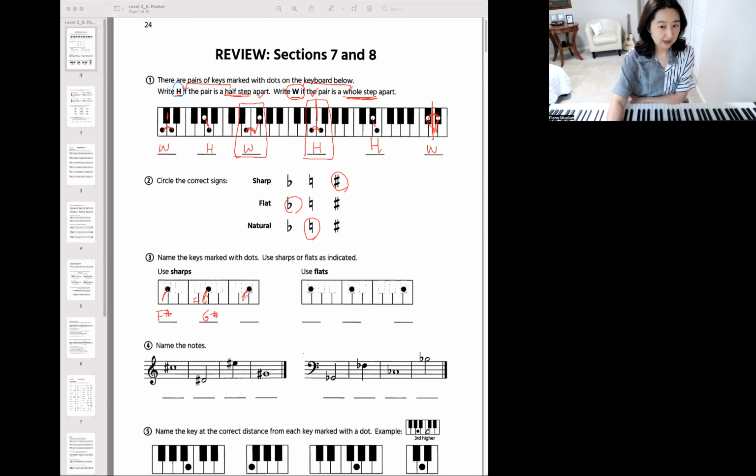Left side. What is it? D sharp. To be a flat, the opposite way, you have to go right side, from black key to white key, right side. So it's going to be A flat, D flat. What about this? B flat. Got it?